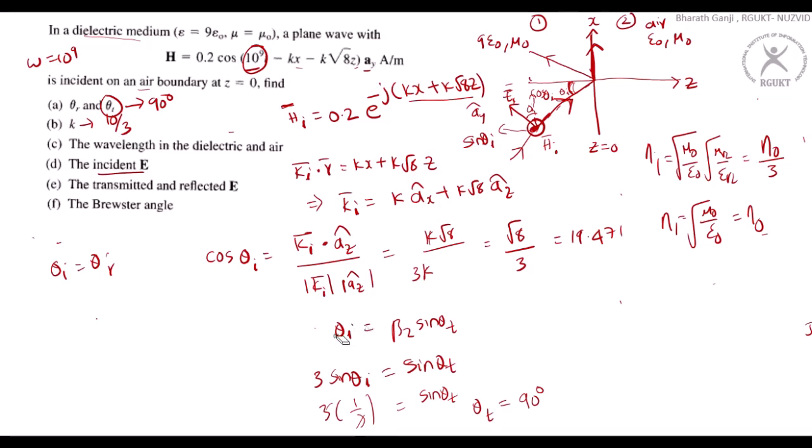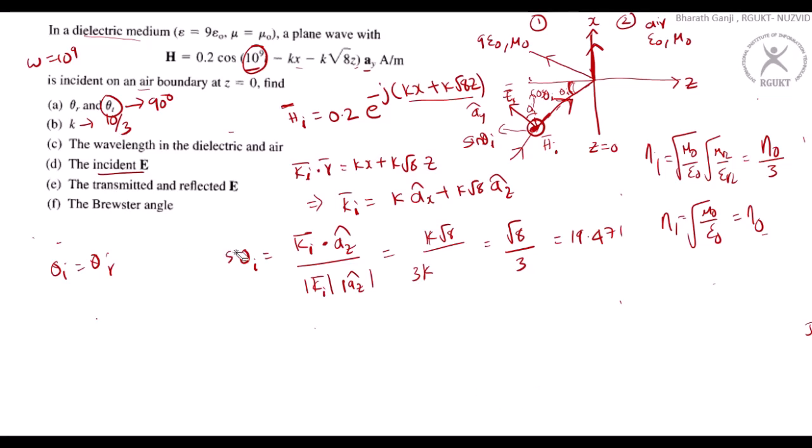So now let us try to calculate the reflected electric field. First we'll calculate the reflected electric field. After that we'll calculate the transmitted electric field. So what is the reflected electric field?